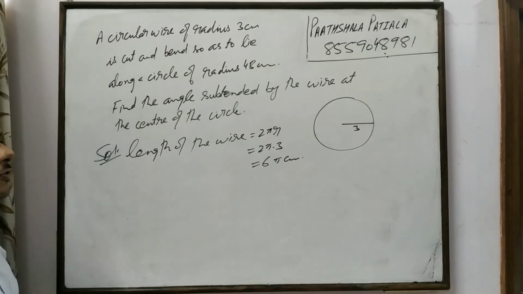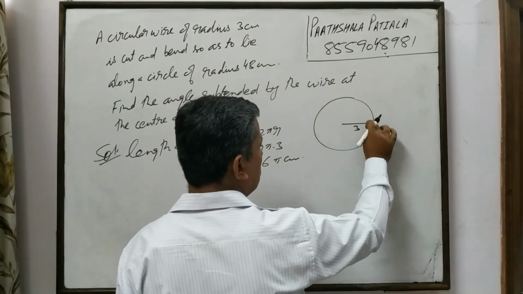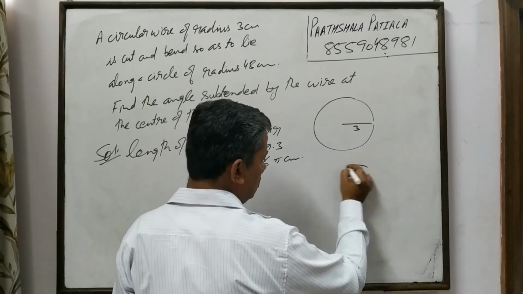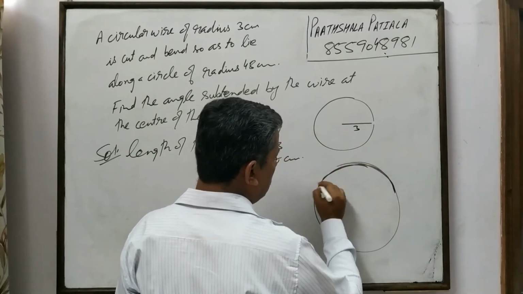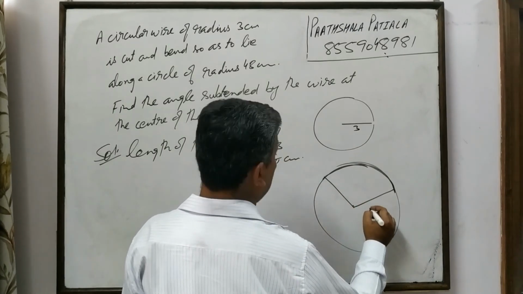That is your length of the wire. Now this wire has been cut and opened to bend to lie on another circle whose radius is 48 centimeter.